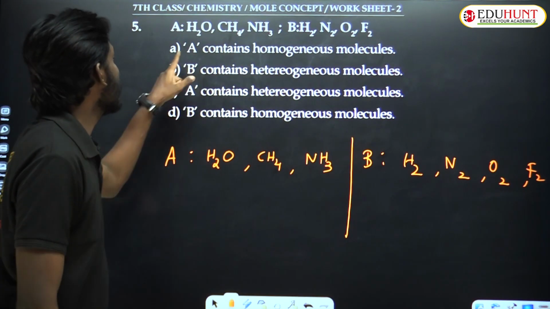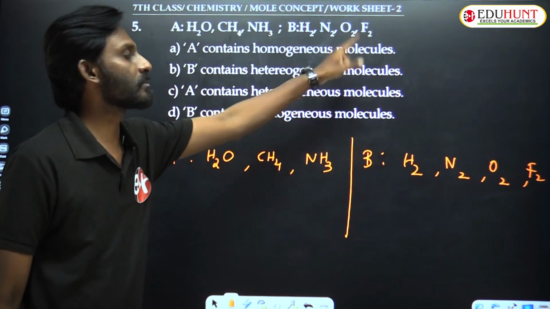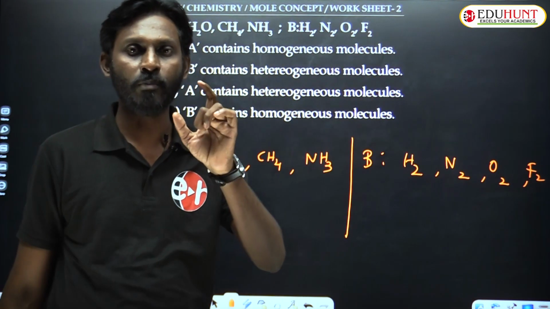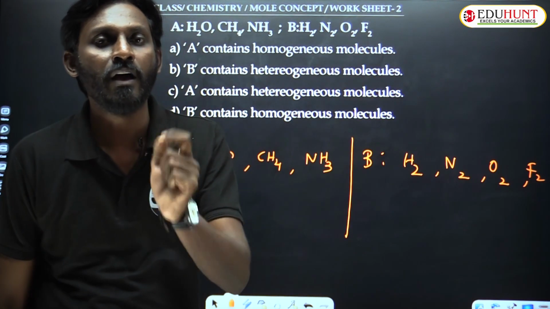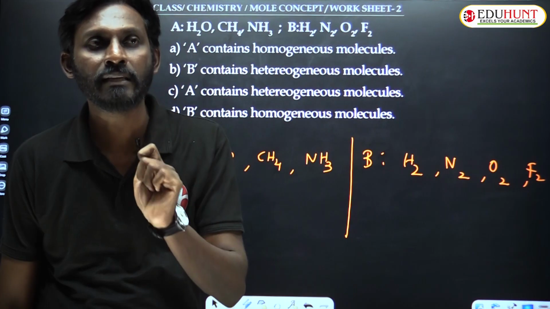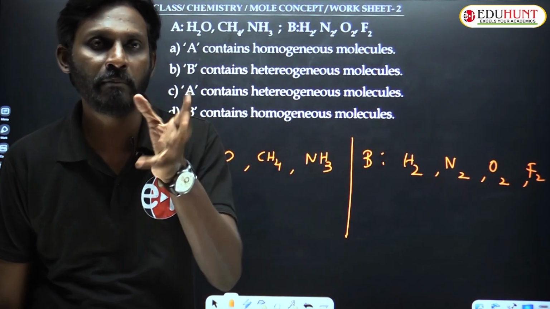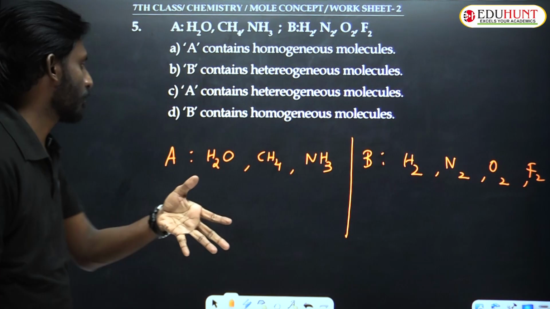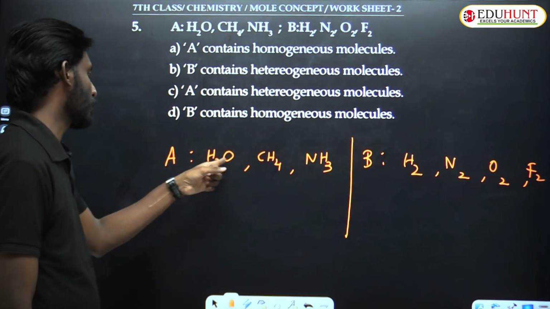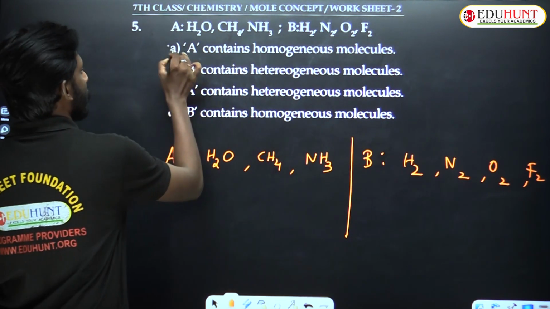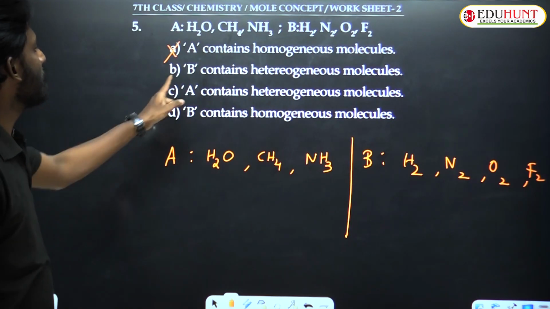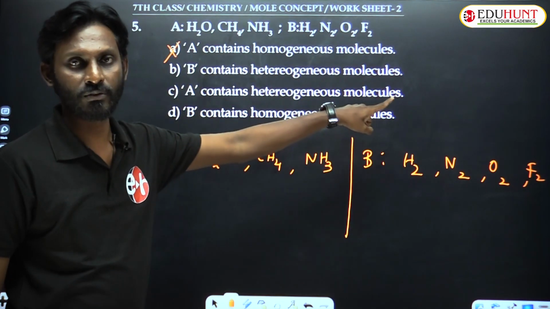A contains homogeneous molecules. A homogeneous molecule means a molecule made up of the same kind of atoms. So this is a heterogeneous molecule, so this is wrong. B contains heterogeneous molecules.